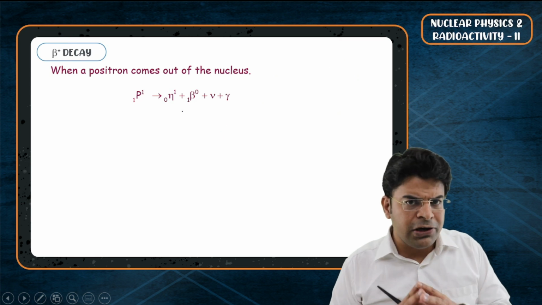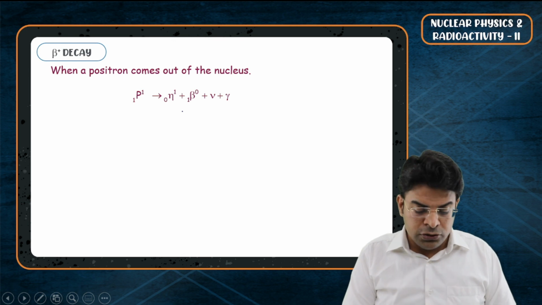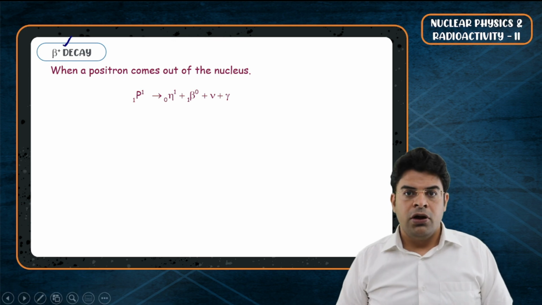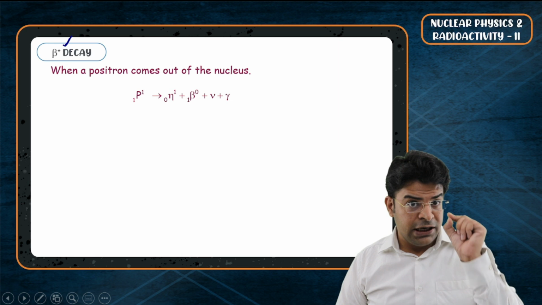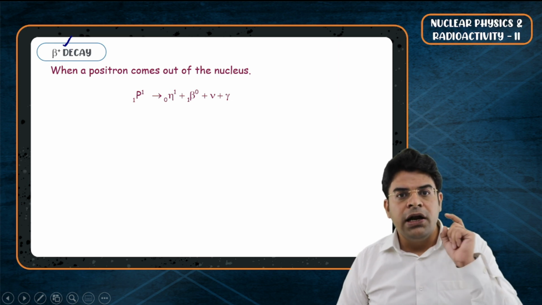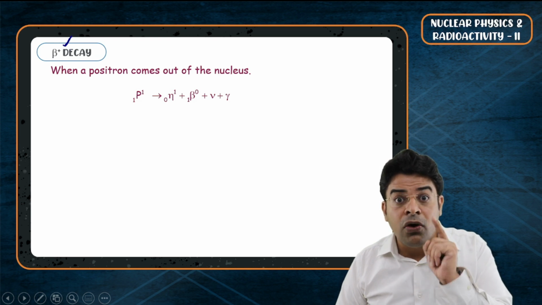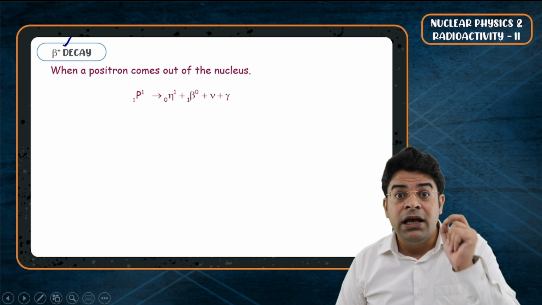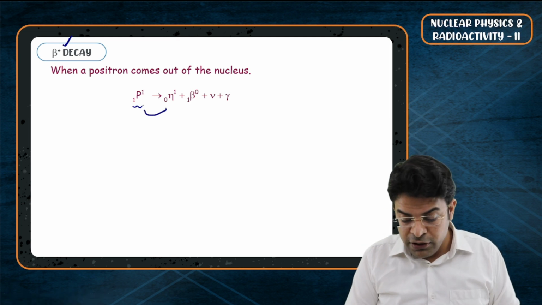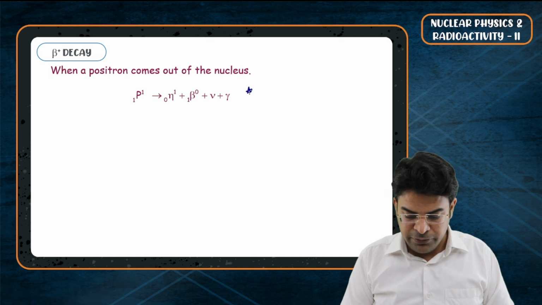So do remember these lines of mine. No ordinary proton undergoes beta plus decay. Only a highly energetic, highly unstable proton undergoes beta plus decay, because only a highly unstable or highly energetic proton has that mass to give out the mass of a neutron. Okay, I hope this point is clear.